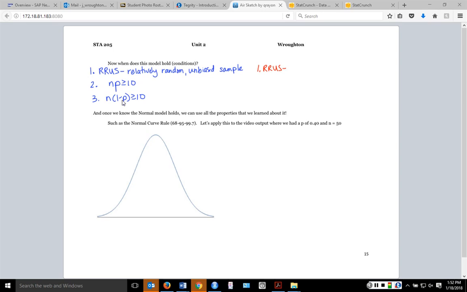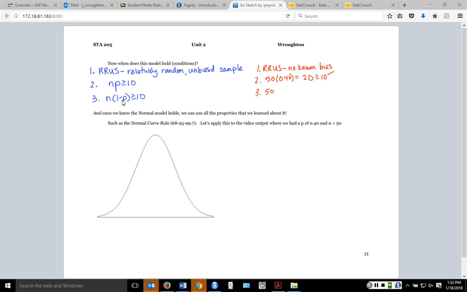Well, I don't think I was doing anything intentional pulling out my beads. I'm not going for a color or anything like that. So at least from what we know, that seems reasonable. Our n was 50. Our p was 0.4. So in a sample of 50 beads, I would expect 20 of them to be black, and that number is at least 10.